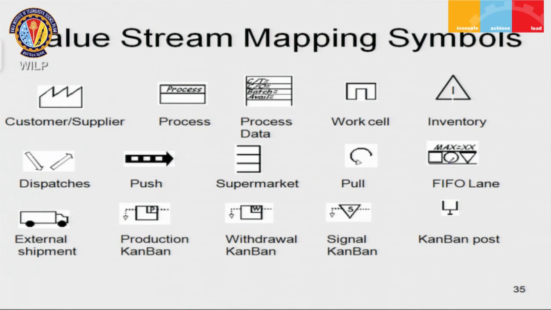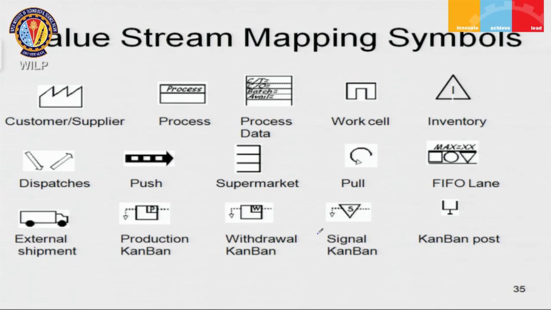A first in first out lane I will define if and when we need to, but it's basically where you don't have any pull, but wherever the part gets into a certain channel or a lane, it moves by first in first out because the two processes are directly connected. When you have an external shipment, you tend to show that with the help of some sort of a truck.